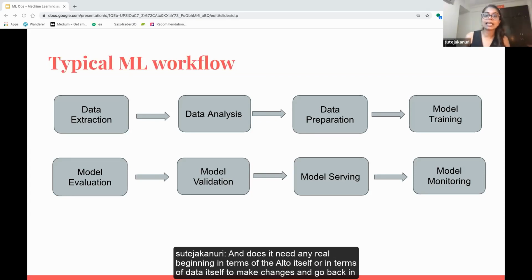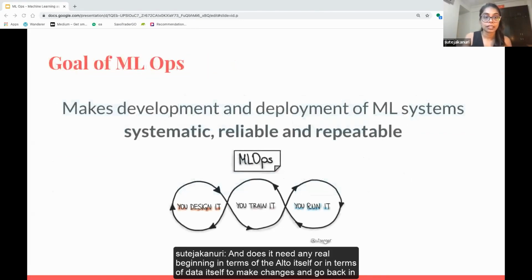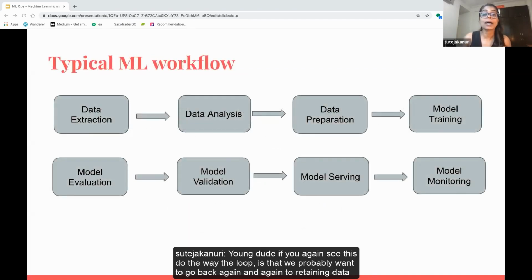And does it need any retweaking in terms of the algorithm itself or in terms of data itself? If you again see this loop, we probably want to go back again and again to retraining, data preparation, and all the other steps based on model monitoring.